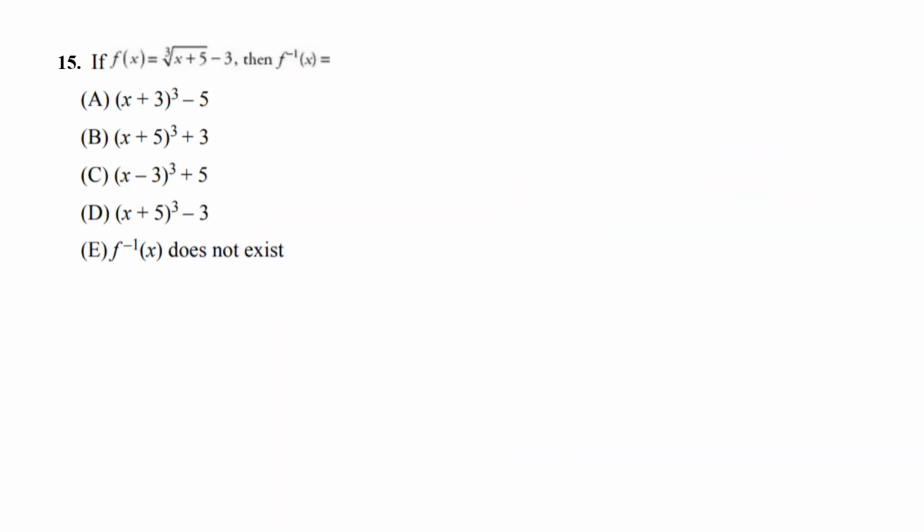All right, and in our final question on the algebra review section, if f of x is the cube root of x plus 5, then subtracted by 3, then f inverse of x is. As we said before, the way to solve questions like this, to do an inverse, is we switch x and y and solve for the new y.